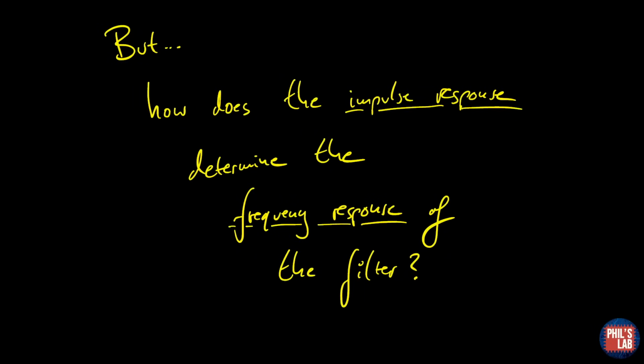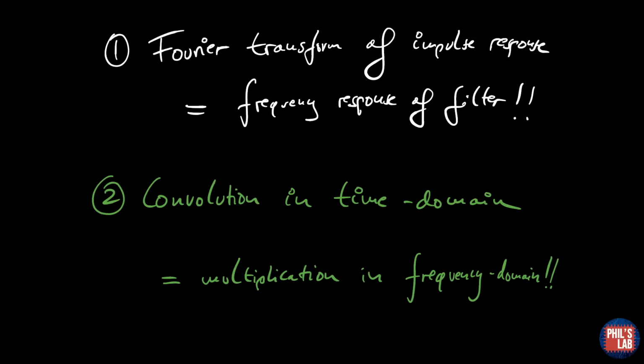The question now is, how does the impulse response of this filter determine the frequency response of the filter? There are two really important results which I'll leave unproven, but I'll tell you about them now. Firstly, the Fourier transform of the impulse response of the filter is actually equal to the frequency response of the filter.